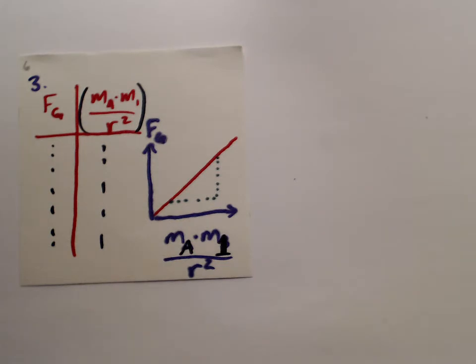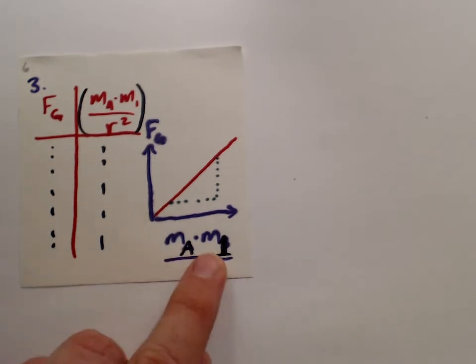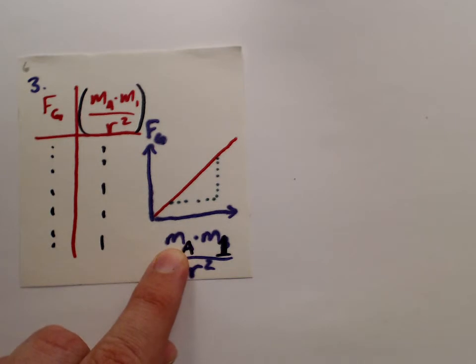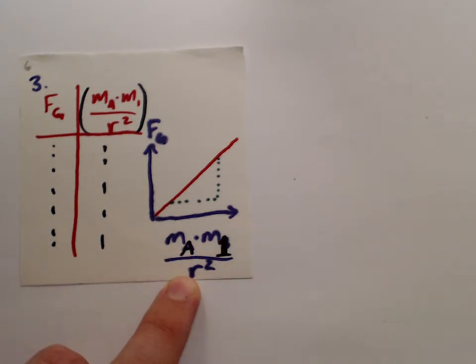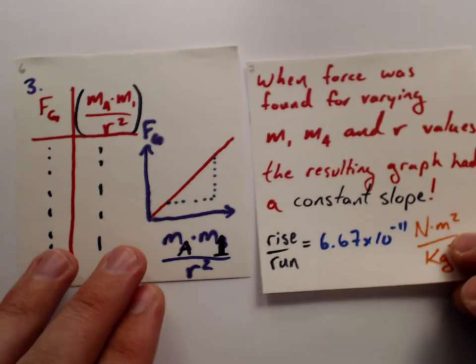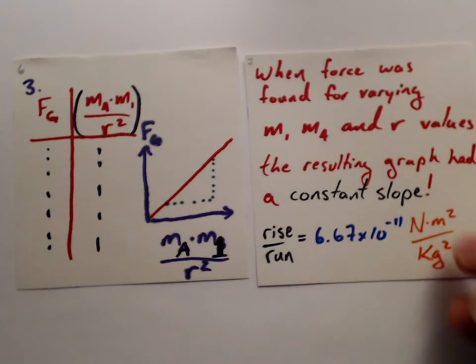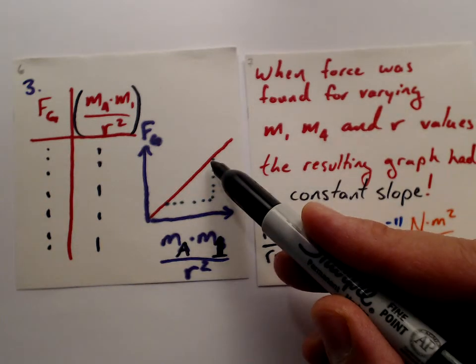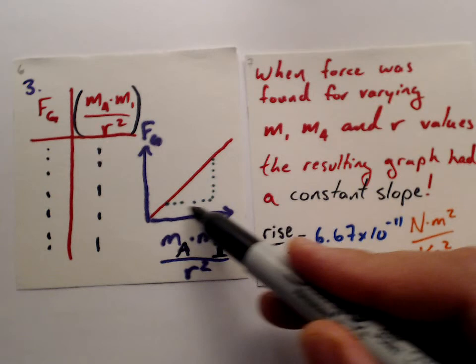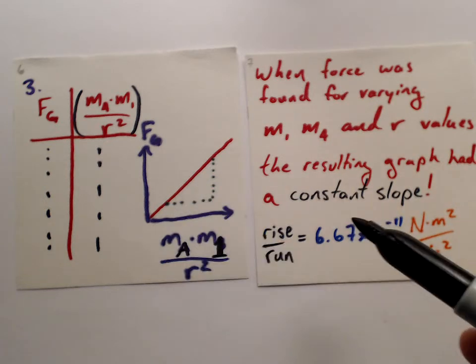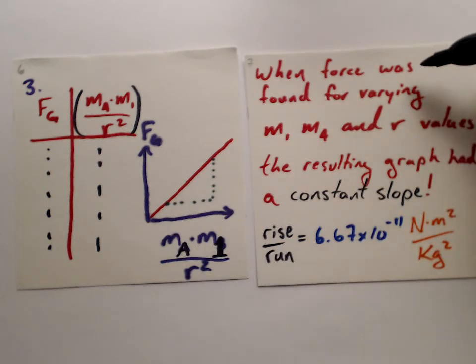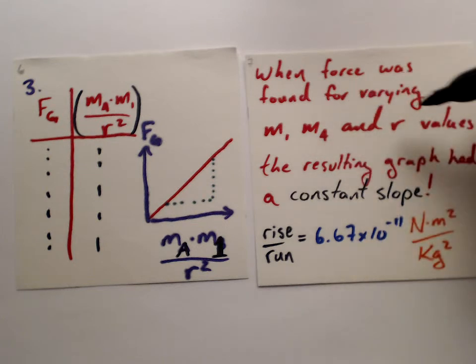If we know that we've got a linear relationship for any pair of masses at any distance apart, when we multiply this whole thing together and divide by r squared, what do you do with a linear relationship? Well, why not find the slope? Turns out that when you find the slope for varying mass 1, mass A, and r values, the slope is always constant.